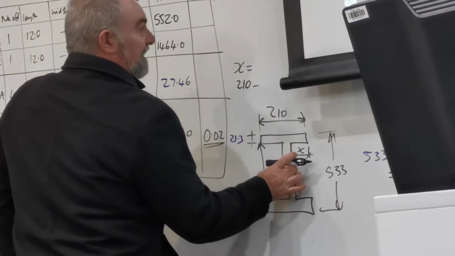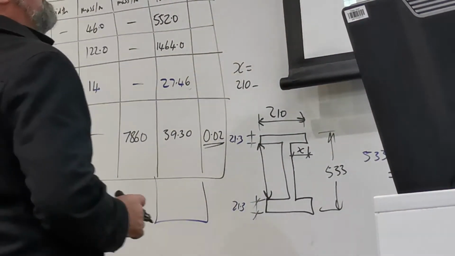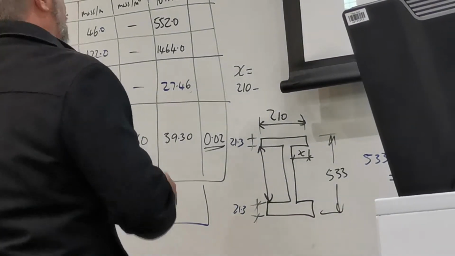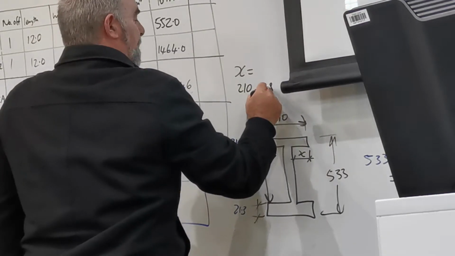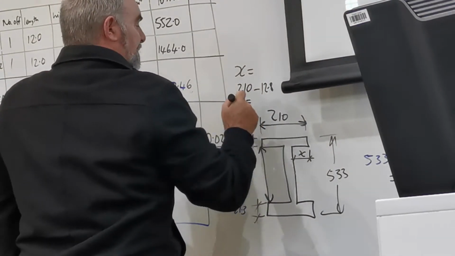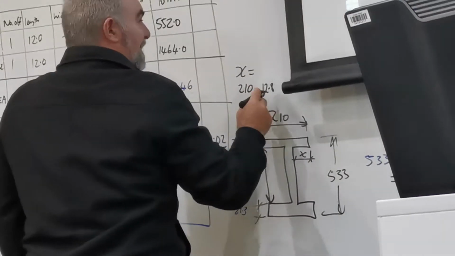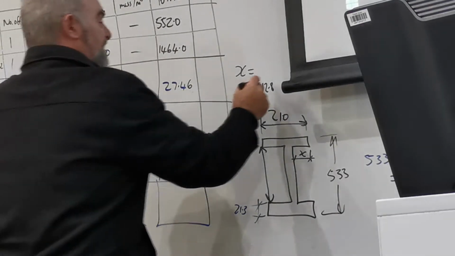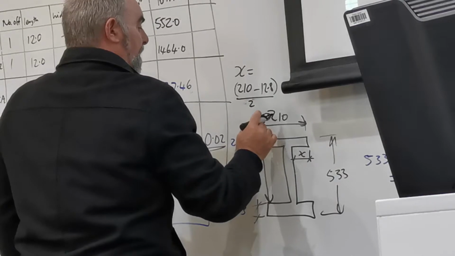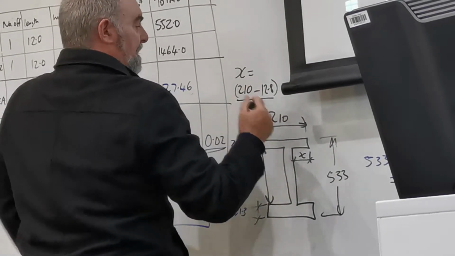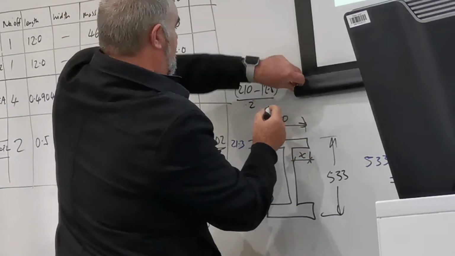minus the thickness there, which is 12.8 at the top, which equals 210 minus 12.8, and that's divided by 2. So what does that equal? I'm struggling with this thing here.